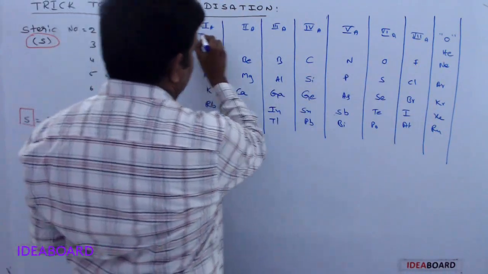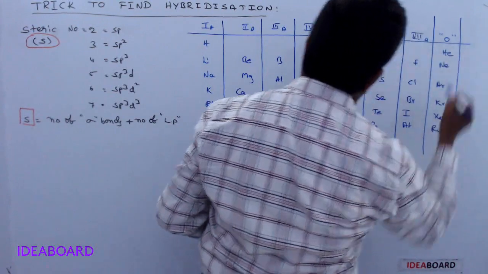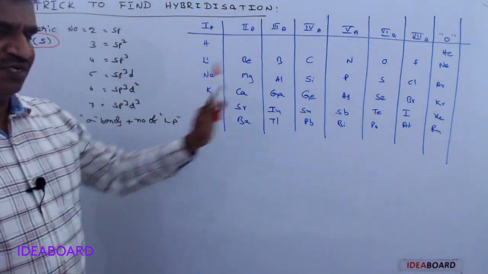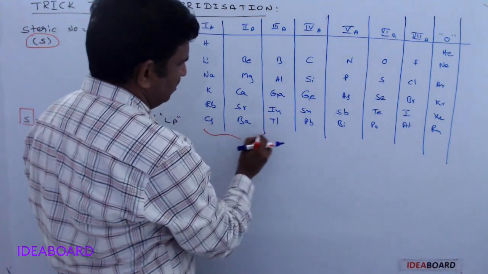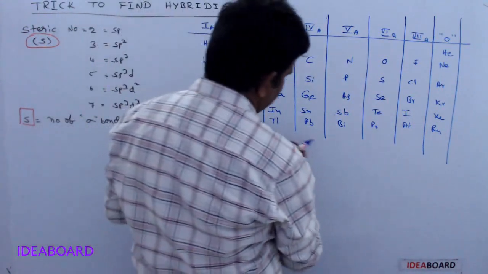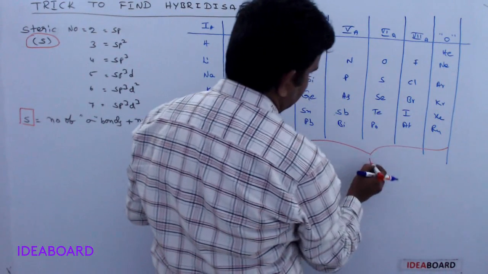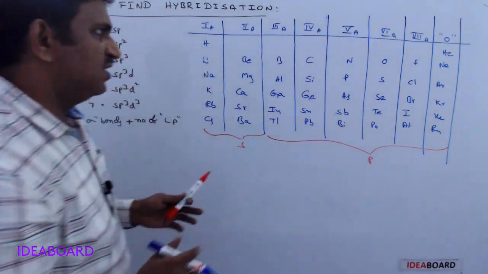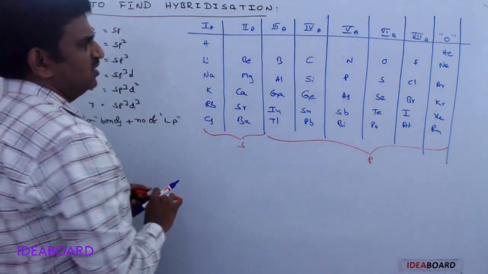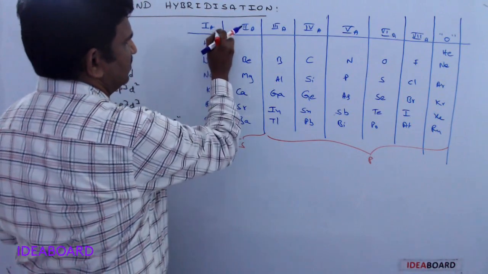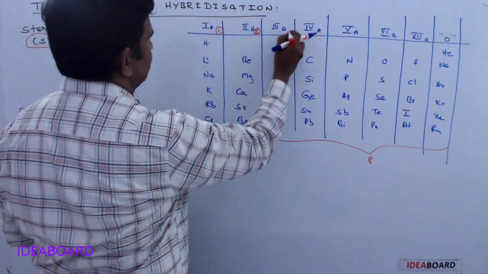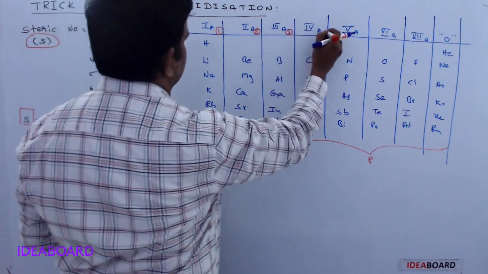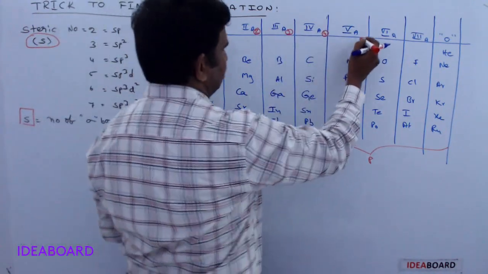These are the total groups we have, S block and P block mainly. These are S block elements, and the remaining are P block elements. Regarding the group valency electrons, for first A group elements the valency is 1, then maximum valency 2, then 3, 4, and 5.